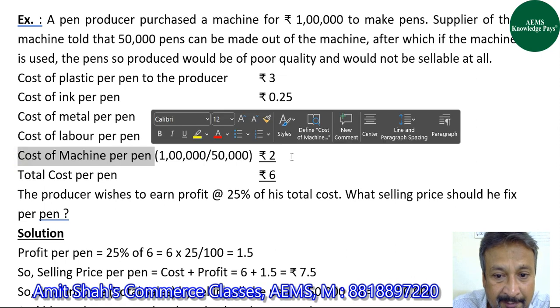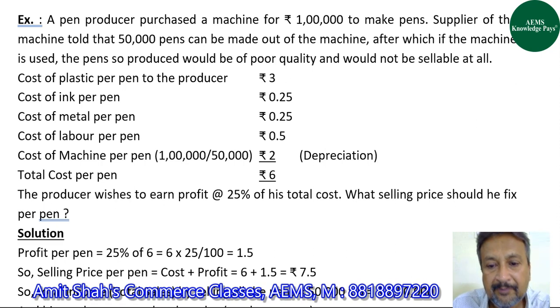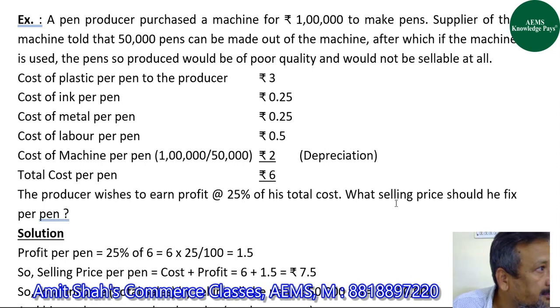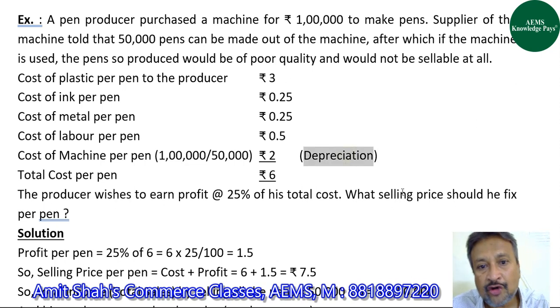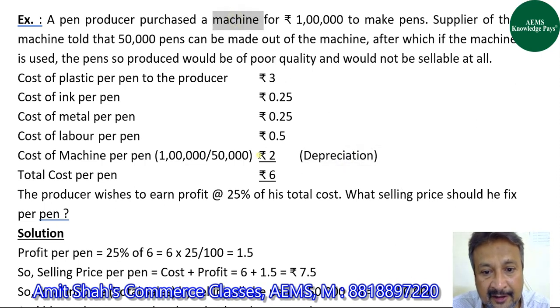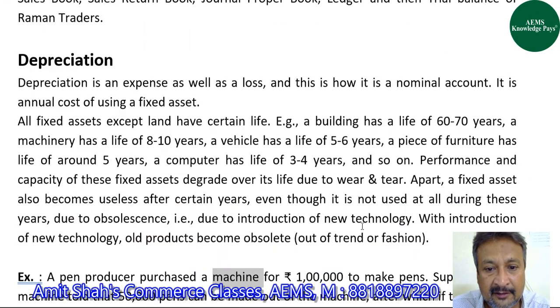This cost of machine per pen is nothing but it is depreciation of machine. I hope you have understood what depreciation is. It means depreciation is nothing but it is cost of using a fixed asset. So what is the cost of using this fixed asset machine? It is rupees 2 per pen. That is what I wrote earlier.